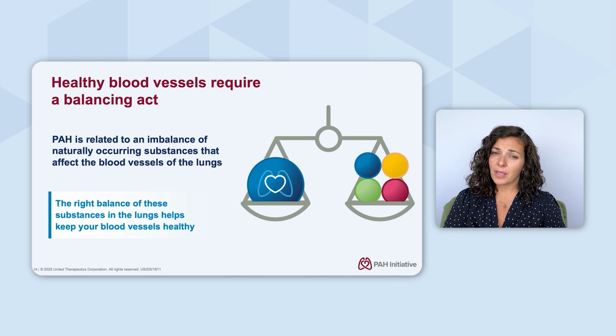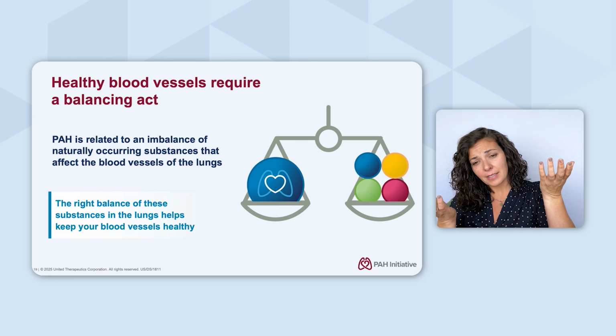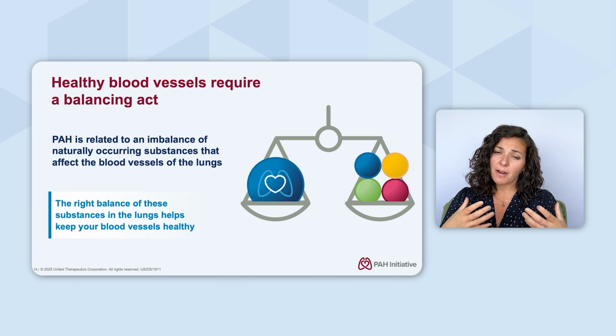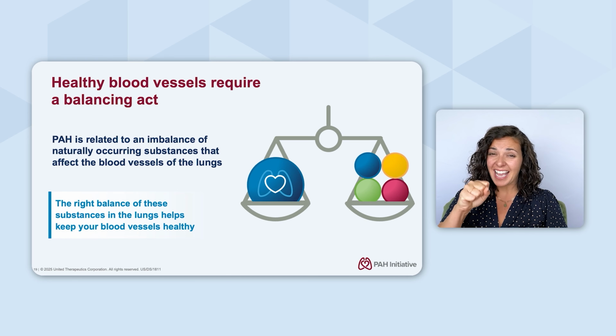So, a person living without PAH, with healthy blood vessels, requires a balance of naturally occurring substrates in the body. We need a little more of some and a little less of others. And it's this balance of these substrates that keep our vessels healthy. And when I say healthy, I mean nice and big and open the way they're supposed to be.